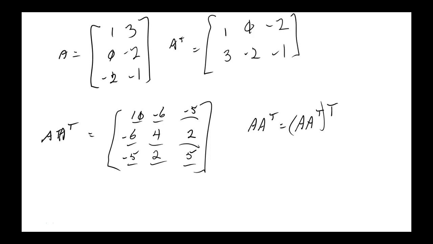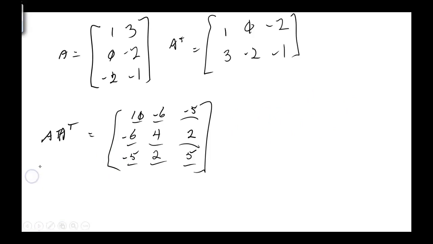Now, what they didn't do, and I thought they probably should have, is have you do A transpose times A. Can you do that? I'm going to erase this part, though that is the formal definition of a symmetric matrix.